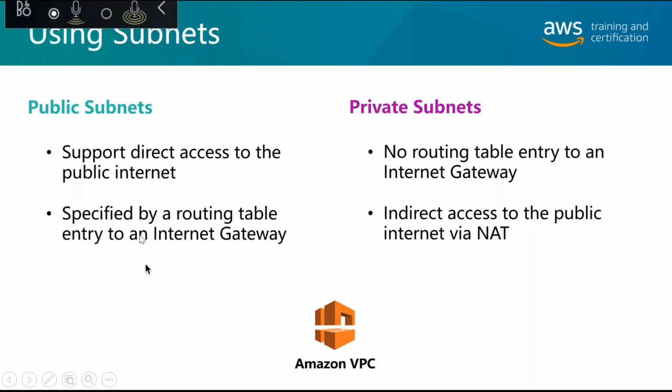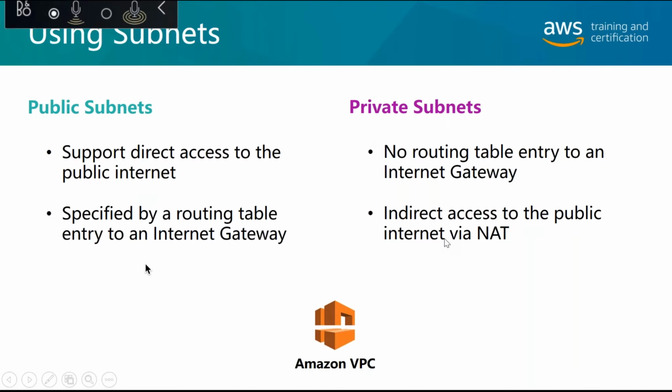First you had an IGW attached to the VPC. Then, best practice would be to create a new routing table, add an entry for the internet gateway, and then associate the subnets that you want with that public route table. And now packets will go in and out to the internet.